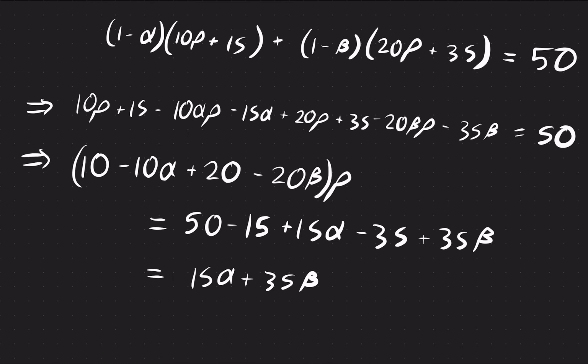And so then we can multiply by the reciprocal, get rid of it, and we get rho is equal to 15 alpha plus 35 beta divided by 30 minus 10 alpha minus 20 beta.